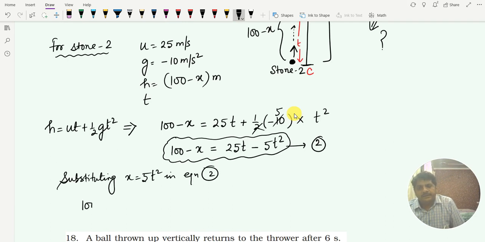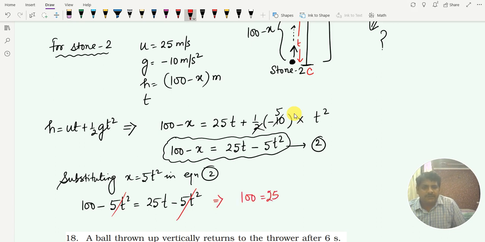We get 100 minus 5t square is equal to 25t minus 5t square. Now you see 5t square gets cancelled, so we get 100 is equal to 25t, so t is equal to 100 by 25, so it is 4 seconds. So the two stones are meeting after 4 seconds.